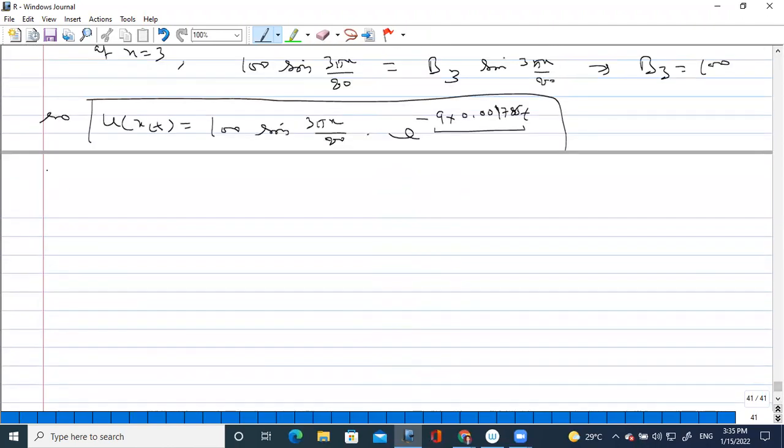So the B portion also will be different. So you find the B portion now.